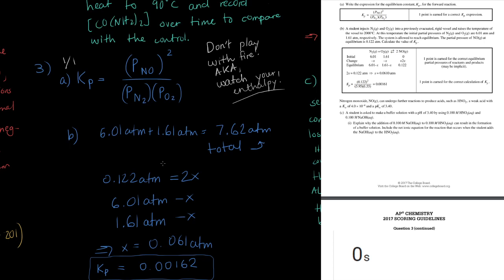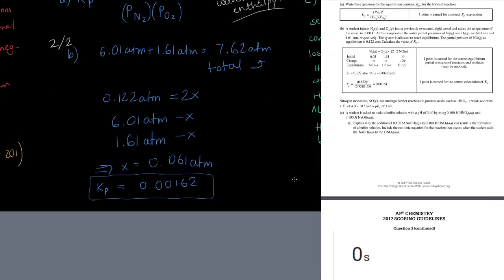Yes, I did that. I don't really know why this became a 2, but I assume they would accept that because it's obviously close. I'm giving myself 2 points because aside from that, I think it might have been a rounding thing that I did. Yeah, I'd imagine that'd be okay.